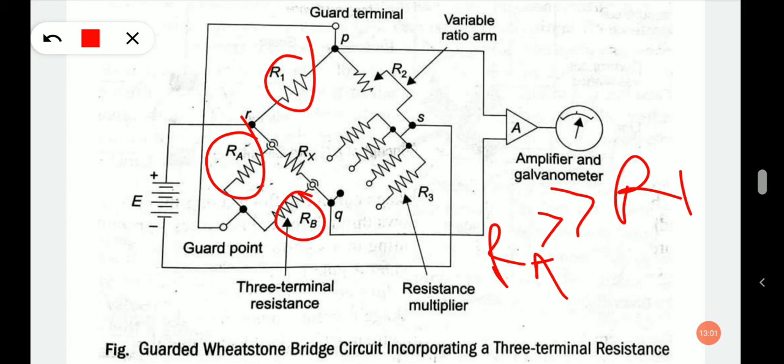Therefore, the external leakage paths are eliminated using this circuit. It may be concluded that in the absence of the guard circuit, leakage resistances Ra and Rb would be connected directly across the unknown resistance Rx, resulting in measurement errors.